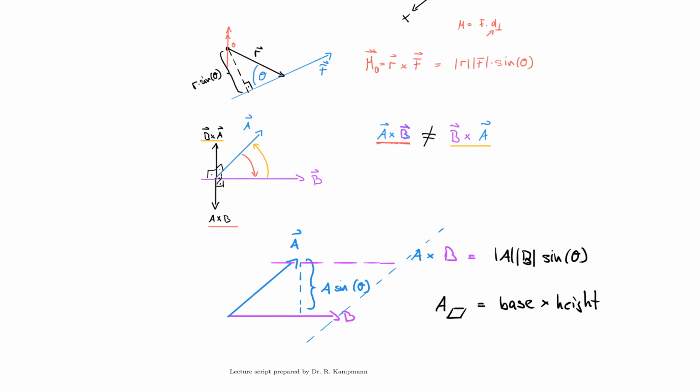And the formula is usually referring to this as the height. And so the base here is really nothing else than B, which is the base, times the height, which is A sine theta. And so this component here is really nothing else than the height.